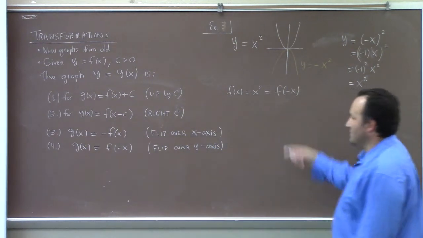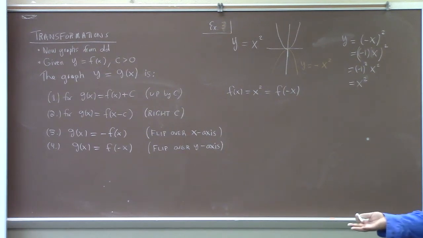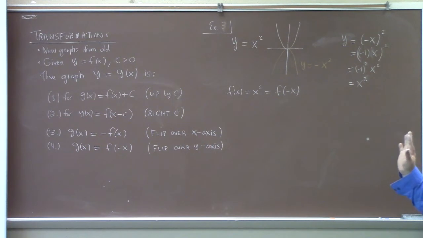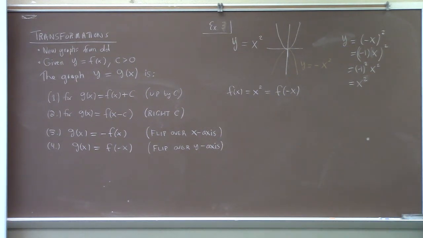What did we say this kind of function is? It's called an even function, right? So an even function geometrically is one that when you flip it over the y-axis, the graph doesn't change. Same graph. We also say it has symmetry with respect to a flip over the y-axis.